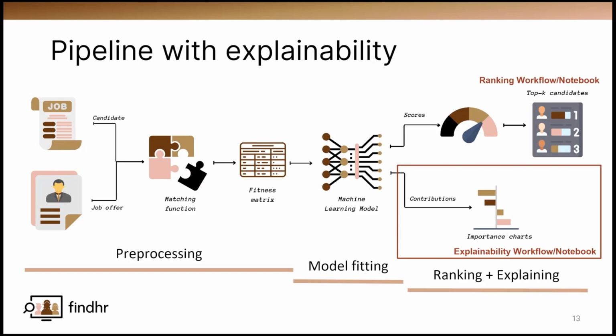We will see one explanation method which is based on feature contribution. It means assigning an importance to every feature given in input to the ranking model in order to understand which features contribute the most to the score predicted.